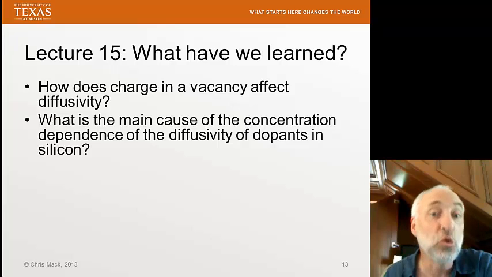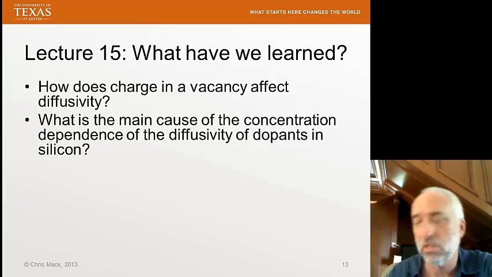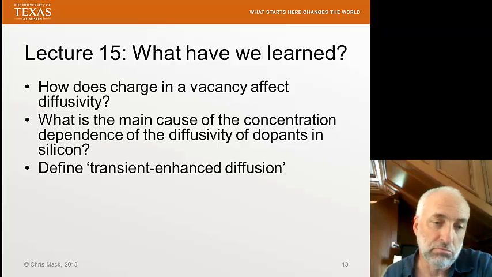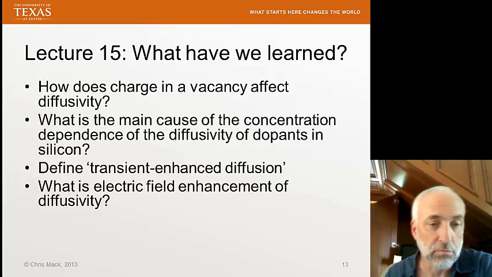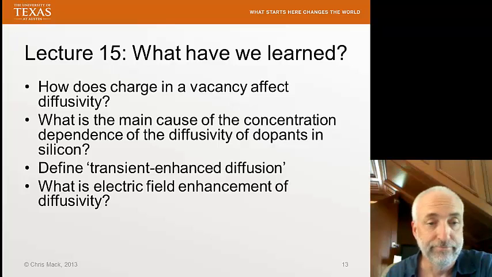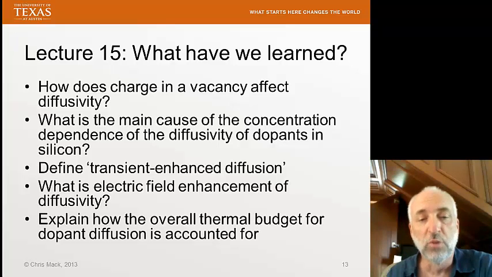Can you name two important causes of the concentration dependence of the diffusivity of dopants in silicon? Define transient enhanced diffusion. What is electric field enhanced diffusion? And finally, explain how the overall thermal budget for dopant diffusion is accounted for.